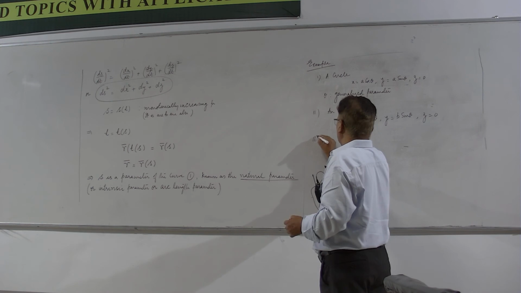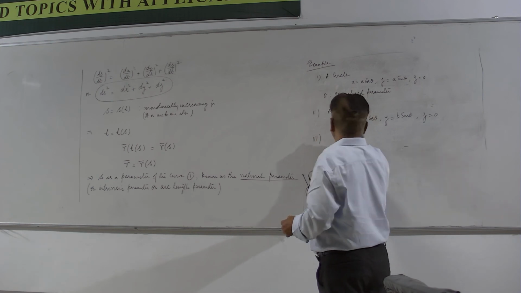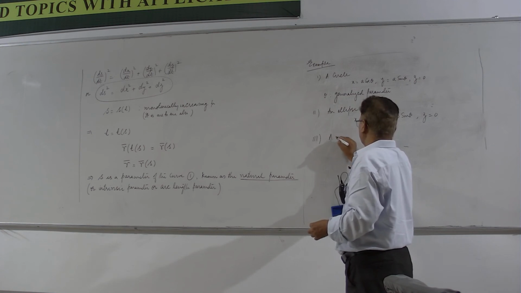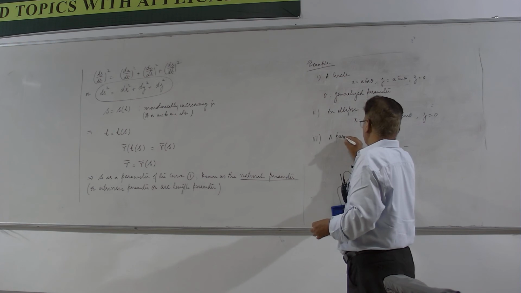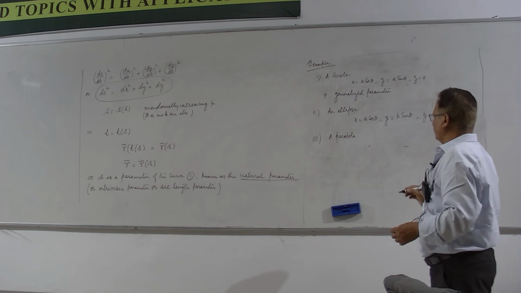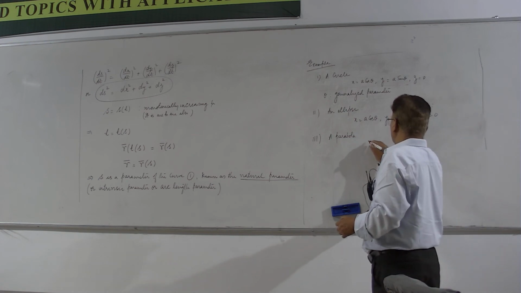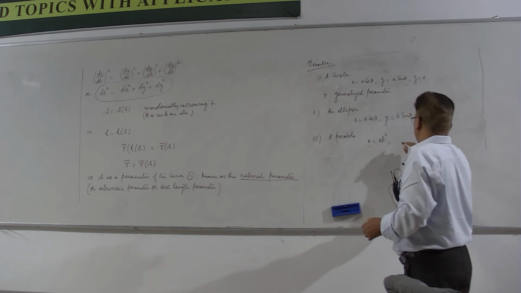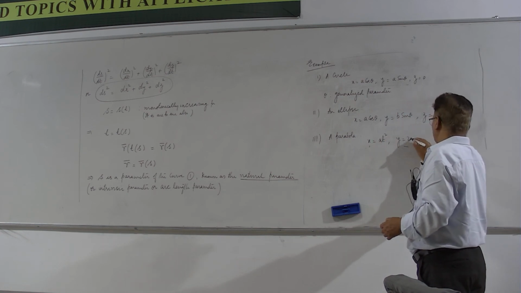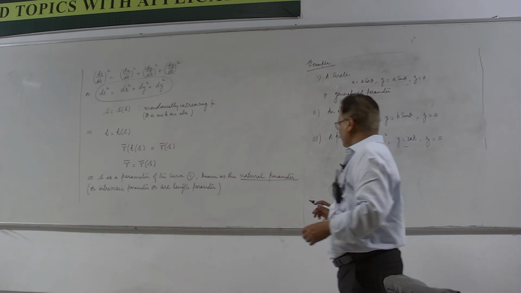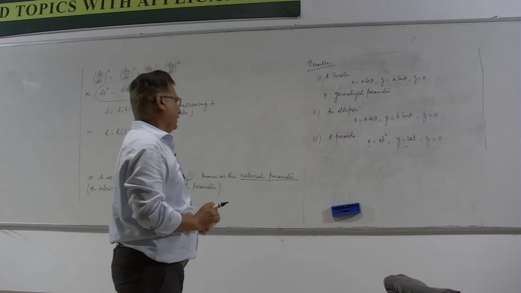Similarly, you can see that all these conic sections are parametric curves, for example a parabola. I can take the standard one. So, the standard parabola in parametric form has the equation x equal to a t square and y equal to 2at, z equal to 0. So, here the parameter is t.